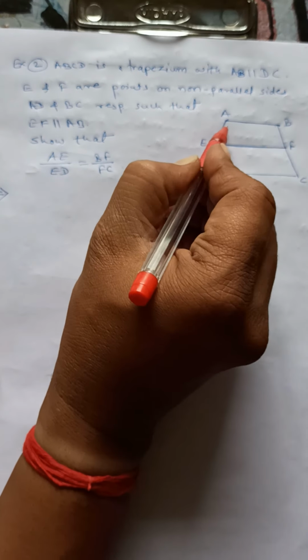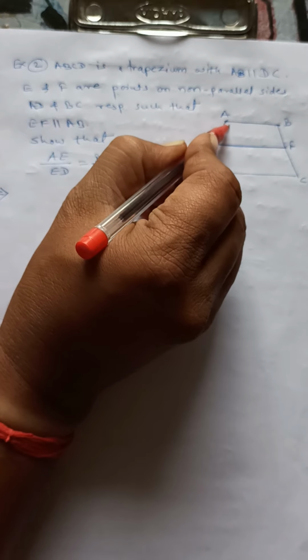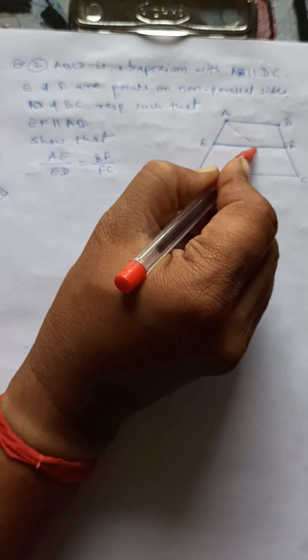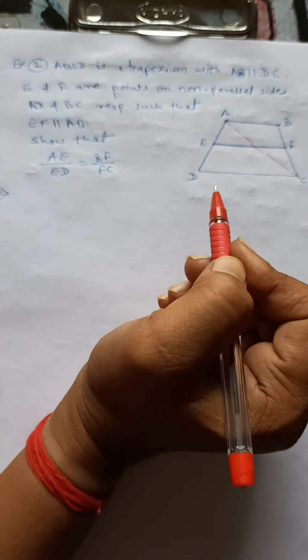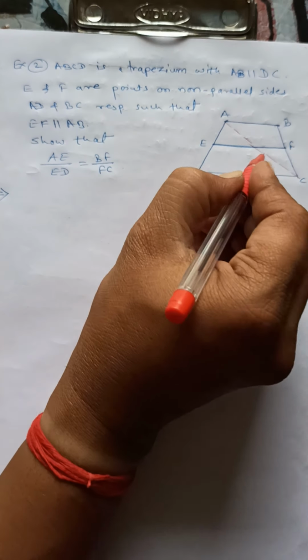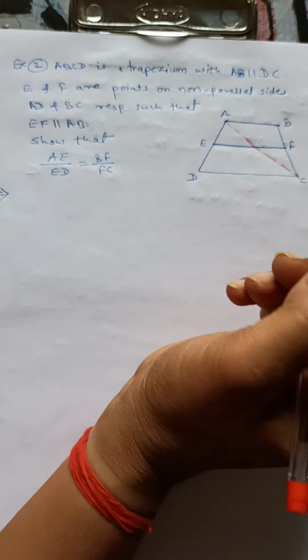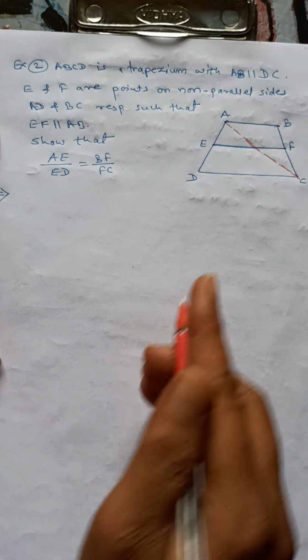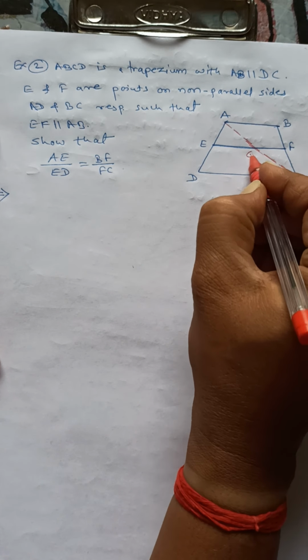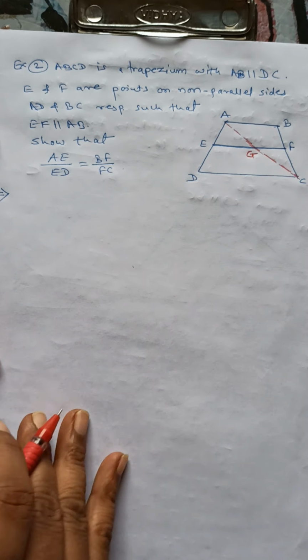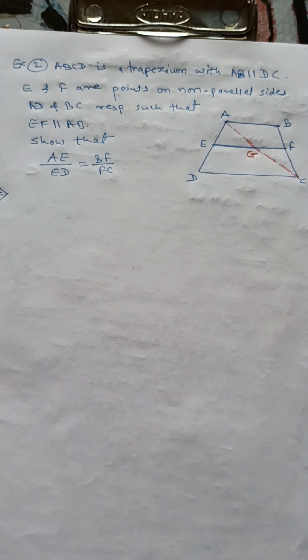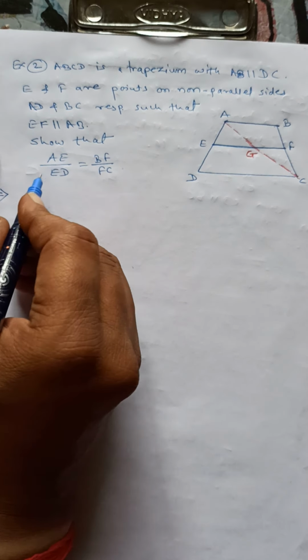I'll join AC, and it intersects EF at a point, say G. So how can we prove it?